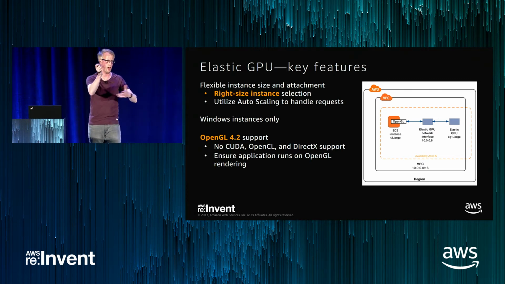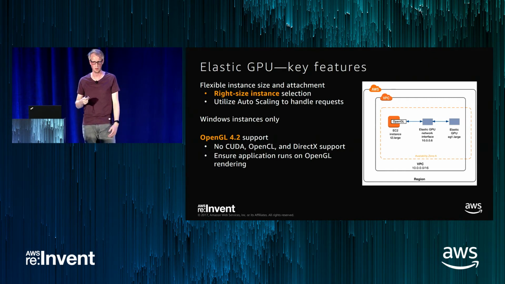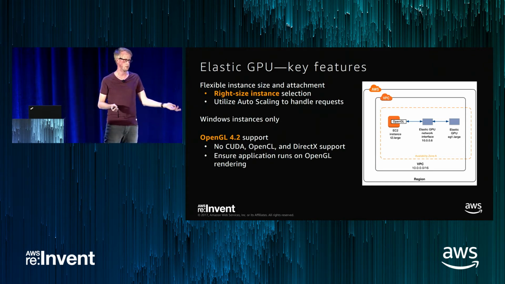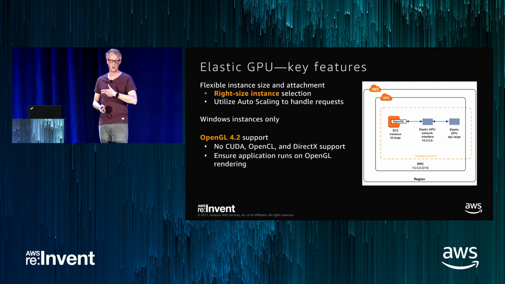But we want to still have a 3D visualization of the product in there. So we can use the Elastic GPU because that allows us to run a smaller instance. Now we can just run a T2 instance or an M4 and still attach a GPU to that.